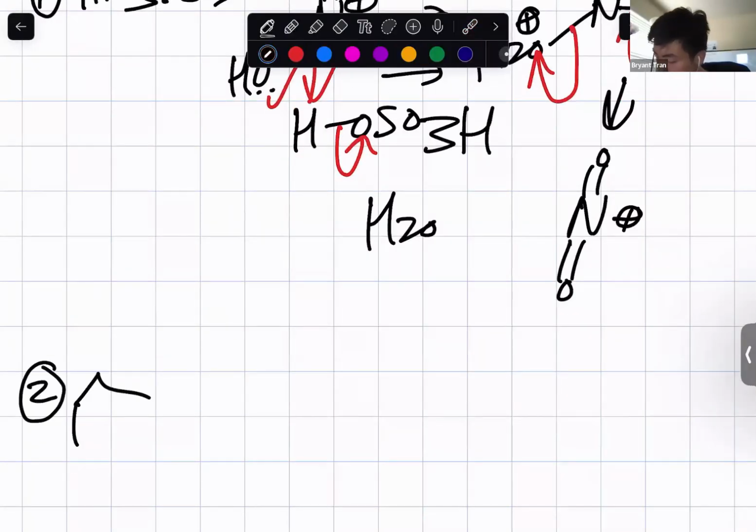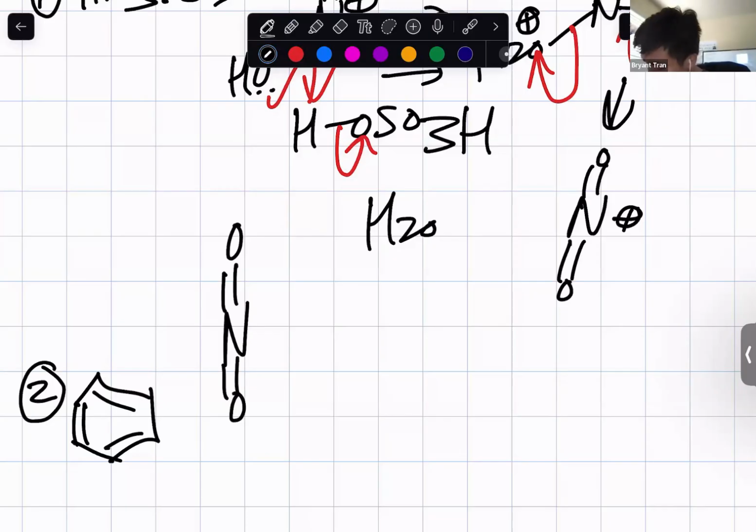Let's bring that over to our second step, where the nucleophilic benzene ring attacks our electrophilic molecule that we created in the first step. Let's say this is the star nucleophilic carbon. This is the dot electrophilic atom, the nitrogen atom. Attack that. We're making a new bond between the star and dot, between a nucleophile and electrophile.